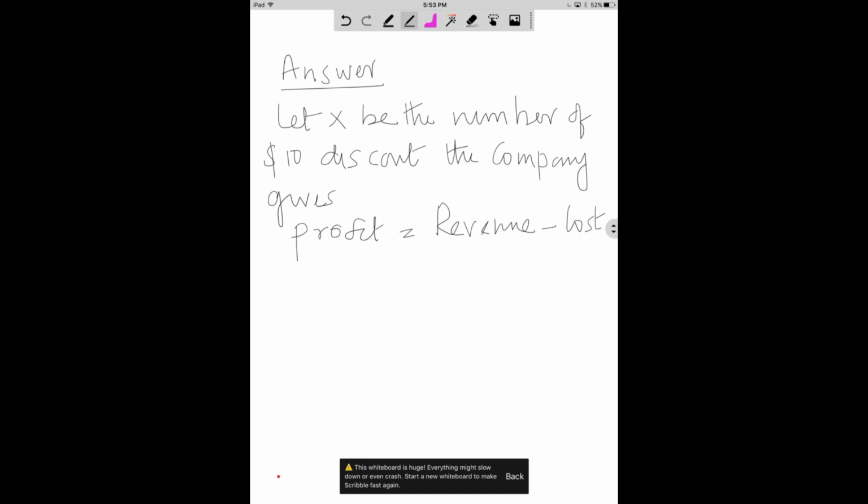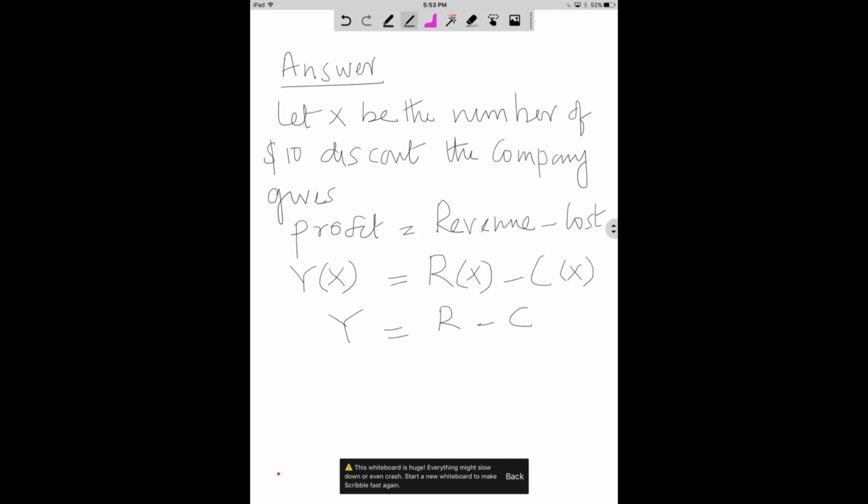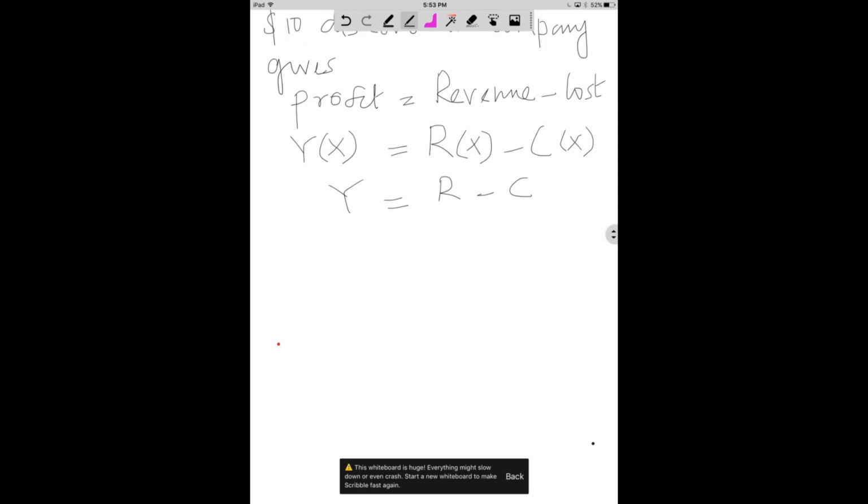We are going to make a relationship between y and x. So y of x is equal to revenue R of x minus cost C of x. Everything is in terms of x. Cost is also in terms of x. We can simply write y is equal to R minus C. So we are going to find out revenue.